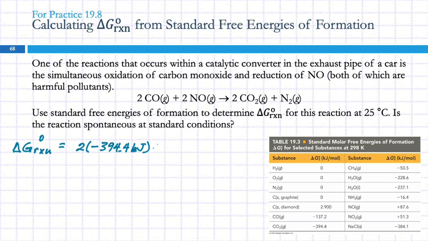Okay, so we don't have to do anything there. So those are the products. And now we're going to subtract the reactants. 2 moles of carbon monoxide. 2 times delta G for carbon monoxide, negative 137.2.